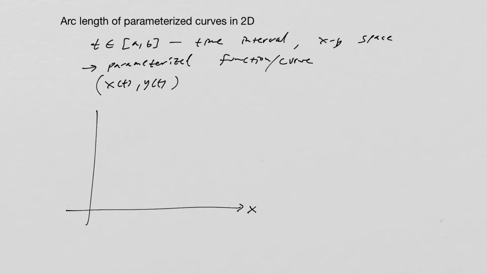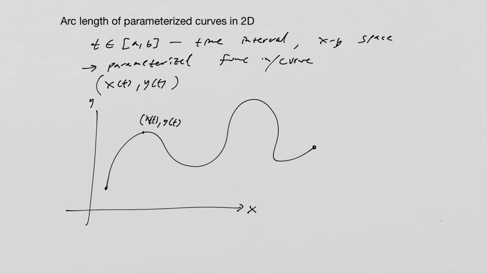Okay, there's our x and our y, and we can think that there's some curve in space where basically at every point in time there'll be an x of t, y of t point, and then it forms this trajectory that will move through space over time. And you're going to go from x of A, y of A, all the way to x of B, y of B.